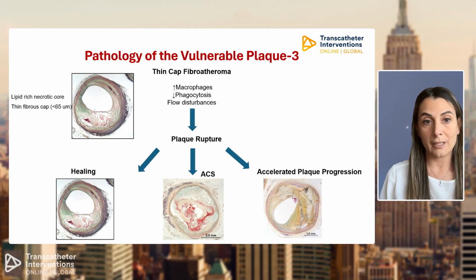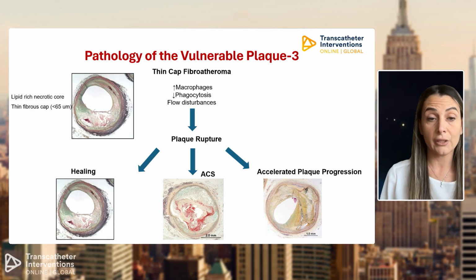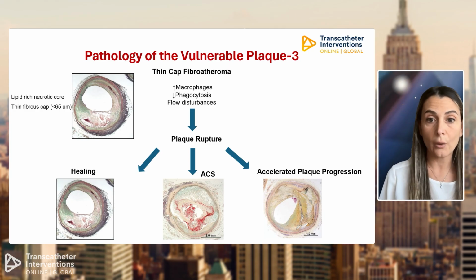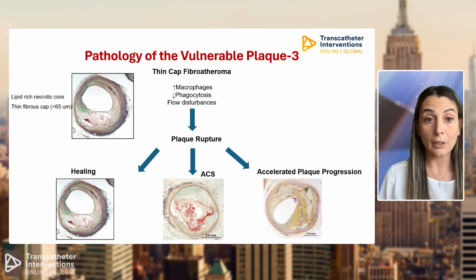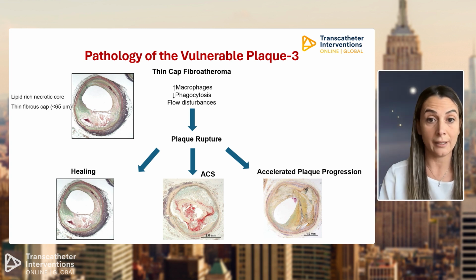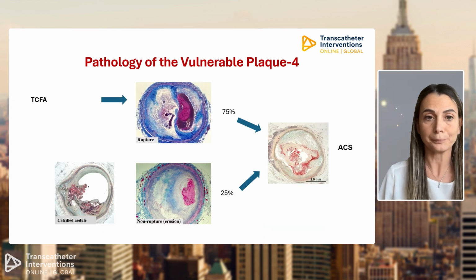But what can happen is that when we have further accumulation of macrophages, regression of phagocytosis in combination with flow disturbances at local level, we might have indeed a plaque rupture. This might cause an acute coronary syndrome event, but also accelerated plaque progression, or just, let's say, cool down and go into a healing process.